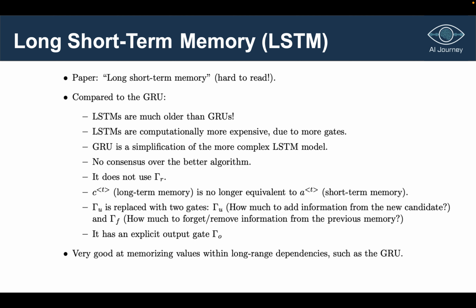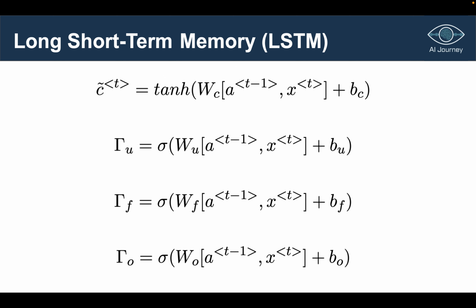We have another variation of this optimization that works exactly the same, which is called long short-term memory, or LSTM. Compared to GRU, LSTMs are much older, but they are computationally expensive. So people created an optimization for LSTM, which is gated recurrent units.